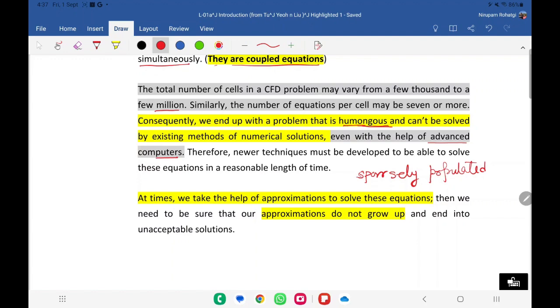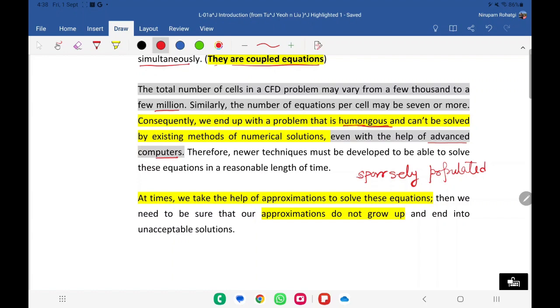So for a given cell, you will get variables only from the adjacent cells. In actual fact, all the equations will not contain all variables. There are 8 equations we are assuming, the fluid mechanics equations, so there will be 8 variables. Each equation may not contain all the 8, but let us assume that each equation contains all the 8.